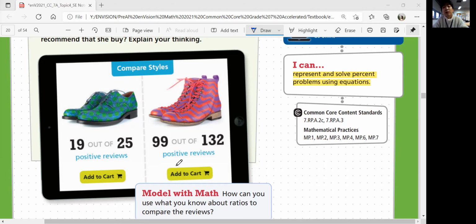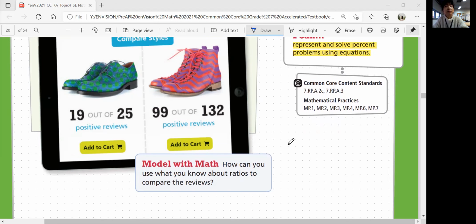So let's make them into percentages and compare them as percentages, okay? So 19 out of 25, the first one will be 19 over 25. And that's about 76%.